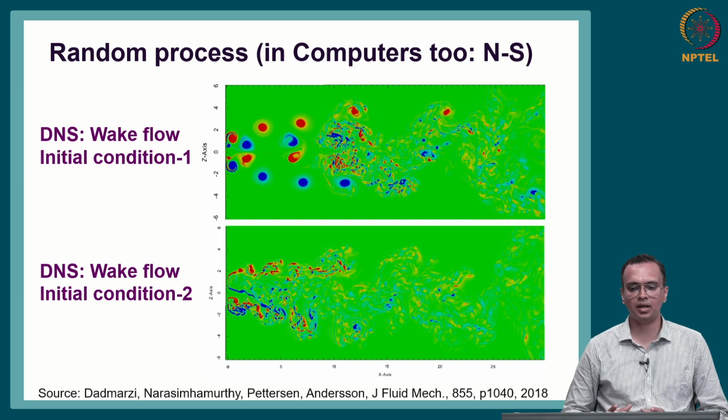It is giving a non-unique solution here, right? So this is the beauty and the challenge of turbulent flow. It looks cool, but it has a lot of challenges, as you can think of.